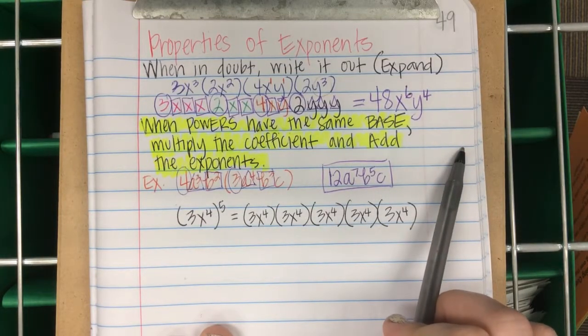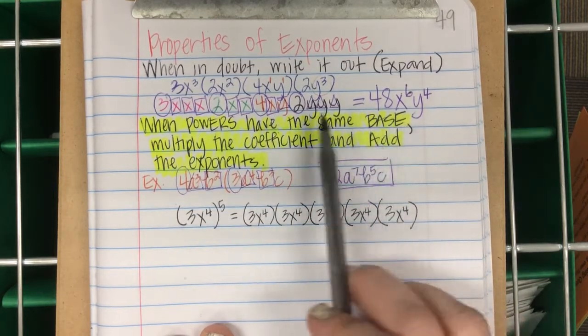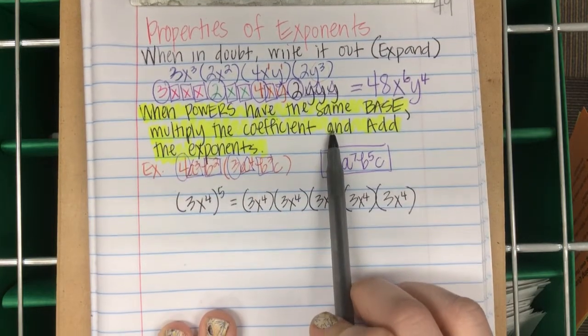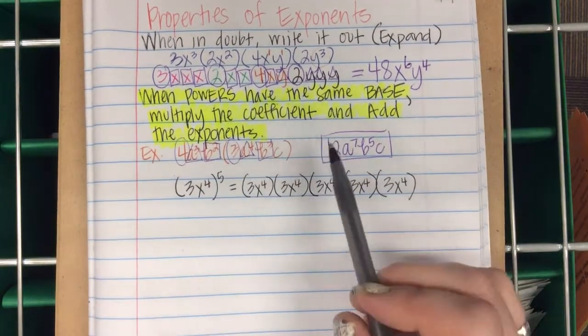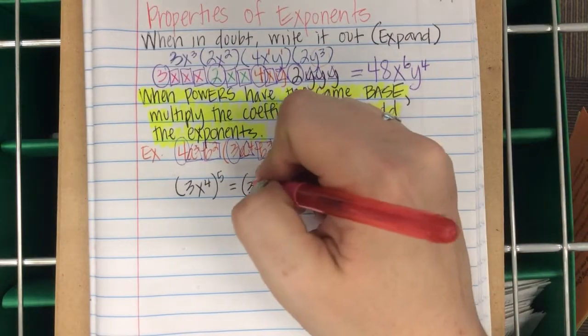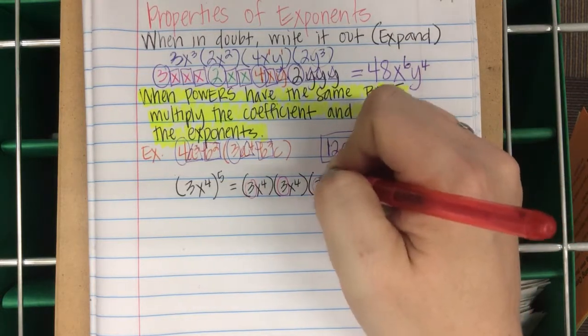Correct? So since they have the same base, I'm going to multiply the coefficient and add the exponents. So that means 3 times 3 times 3.